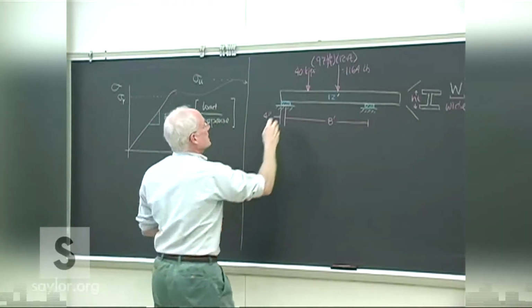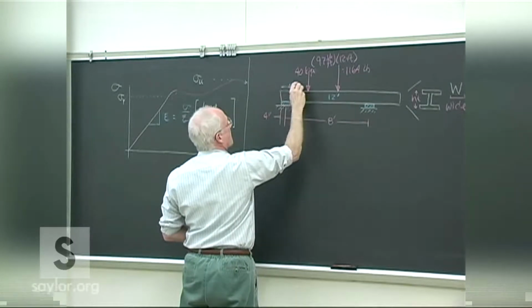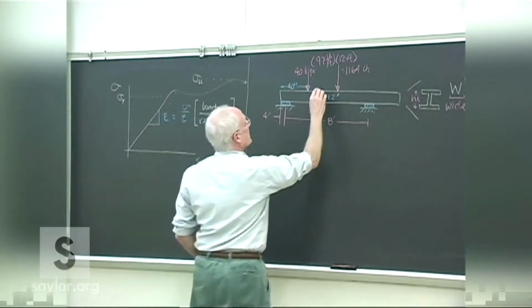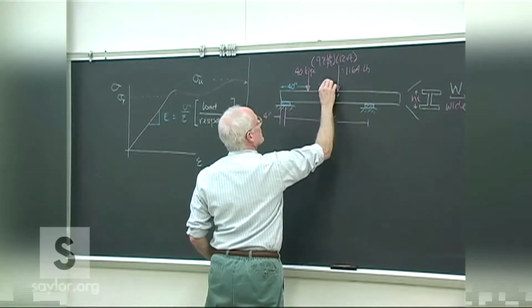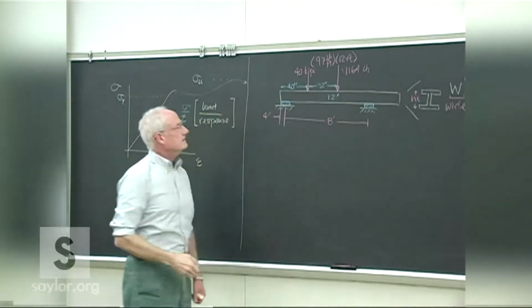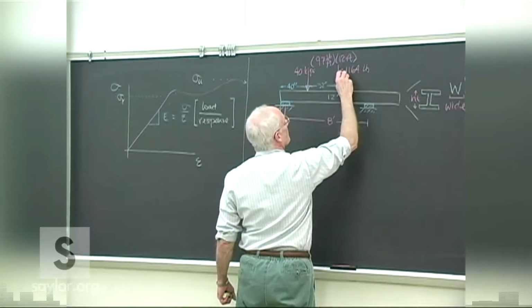And that's about 40 inches in. So then it's about 32 inches over to where we placed the equivalent load representing the weight of the beam.